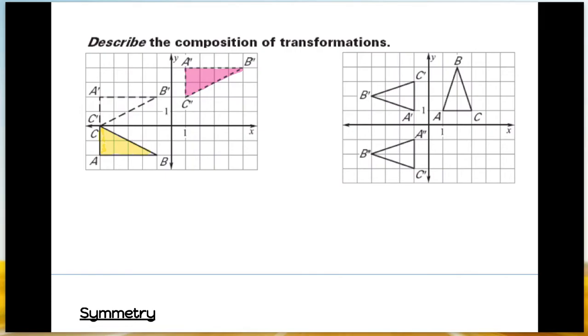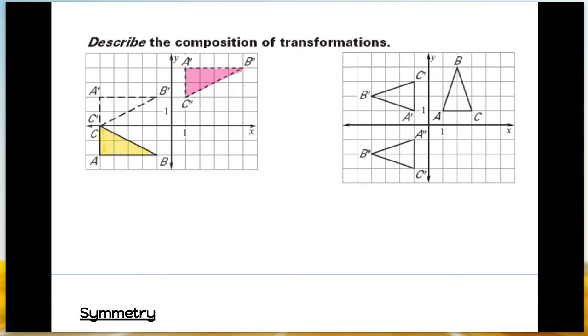For example, if I'm looking at this one here, I want to go from the yellow to the pink. I can see that the letters A and B were originally on the bottom of the figure, but at the end they're at the top. That means that you have either rotated or reflected. If we look at how this image is, it's not twisted in any way. If it's tilted funny, that would be like a rotation.